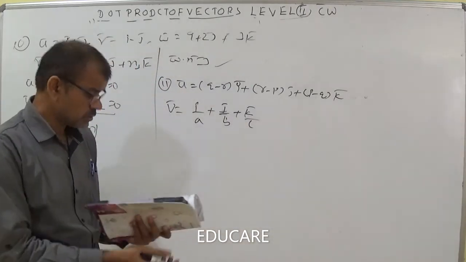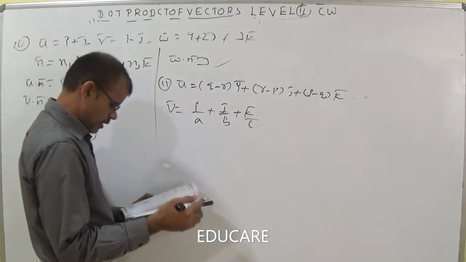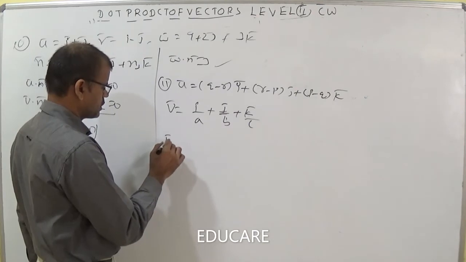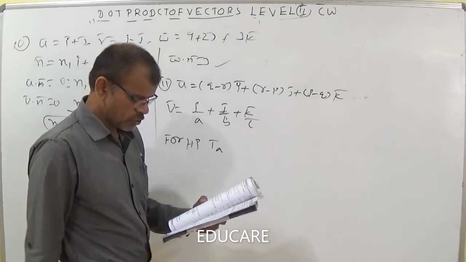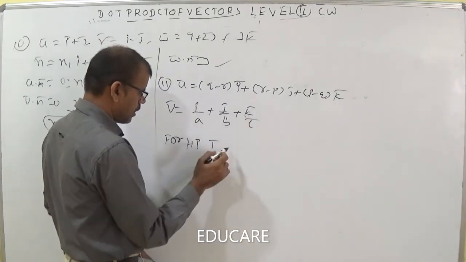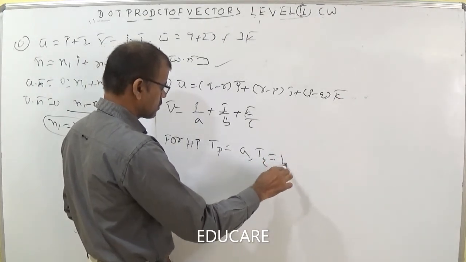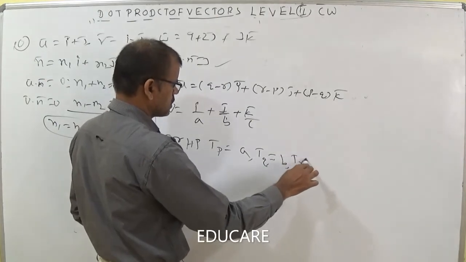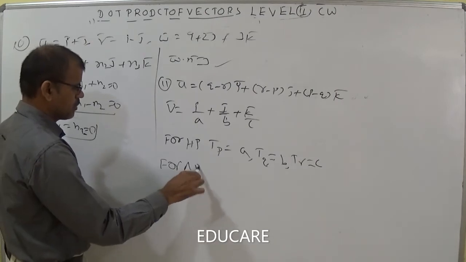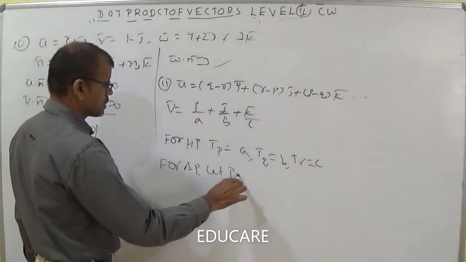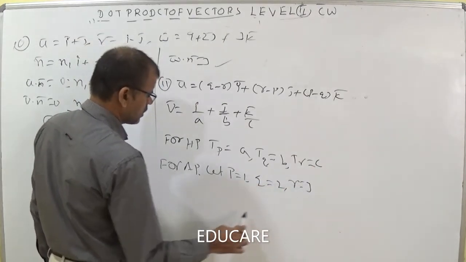Then according to the options we should verify. The condition is A, B, C are the pth, qth, rth terms of an HP, harmonic progression. The pth, qth, rth terms are A, B, C. Tp is equal to A, Tq is equal to B, Tr is equal to C. For an AP, let p be equal to 1, the first term, q equal to 2, the second term, r equal to 3, the third term.